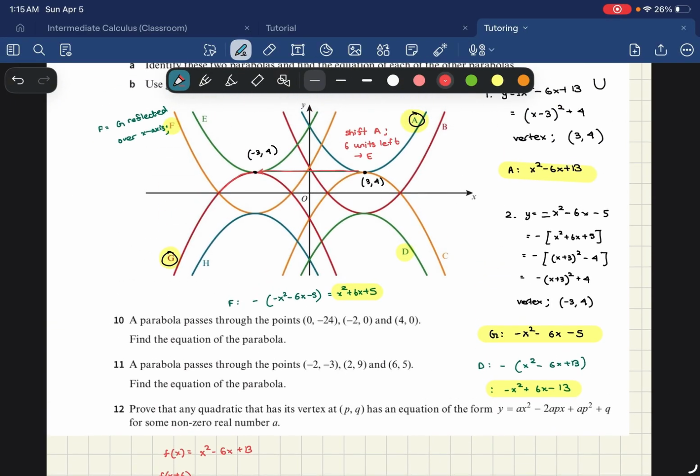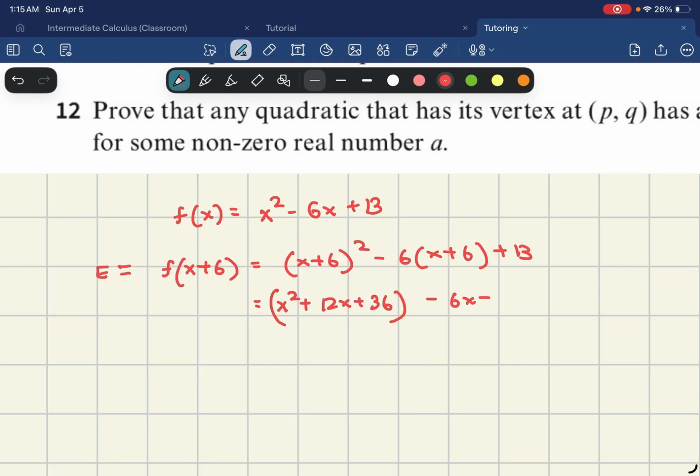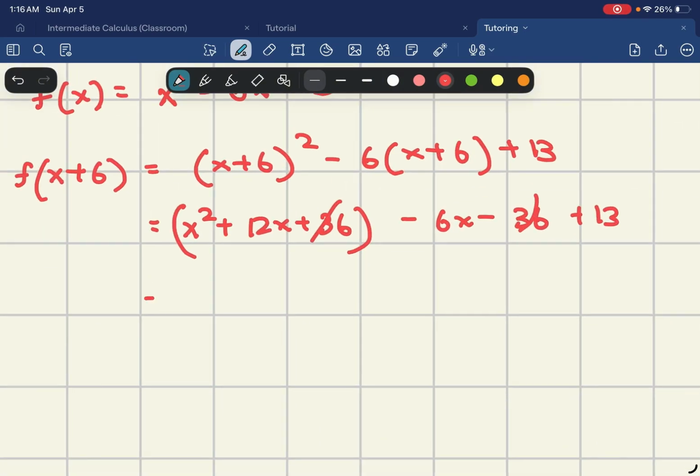And that is going to give me the graph of E. So I just substitute x plus 6 wherever x is. And this gives me x squared plus 12x plus 36 minus 6x minus 36 plus 13. So if I simplify, I get x squared plus 6x minus 13.